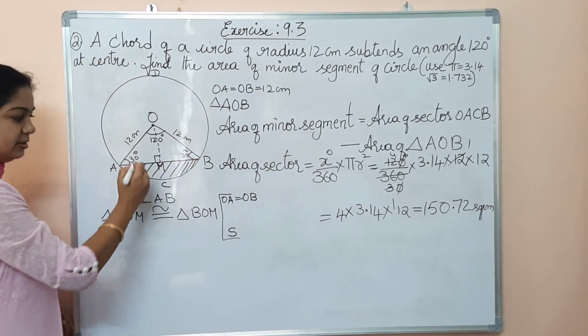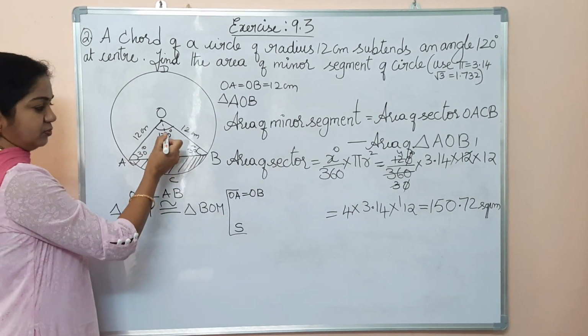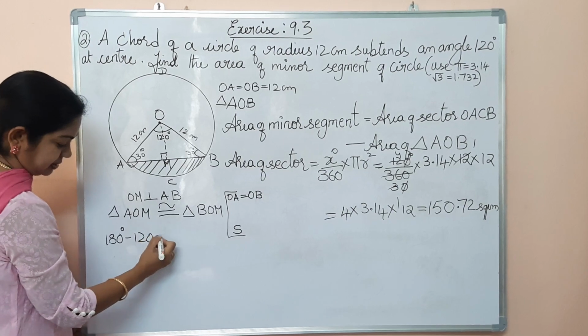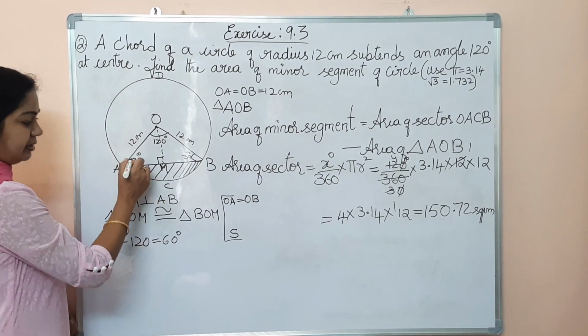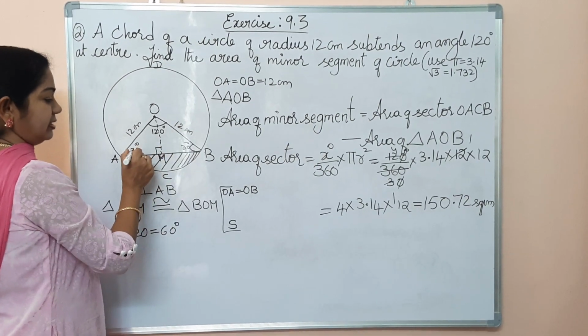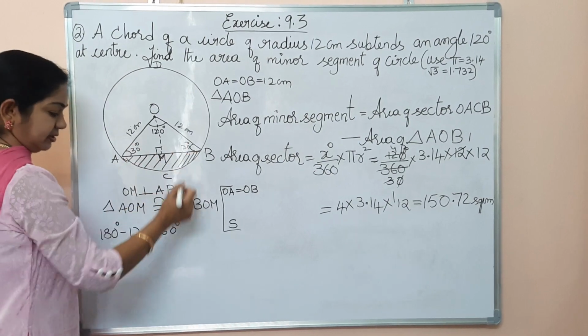How? Because the sum of all three angles in a triangle is 180. So 180 minus 120 is 60 degrees. And these two are 30 because the angles opposite the equal sides are the same, since this is an isosceles triangle. So 30 and 30 degrees.